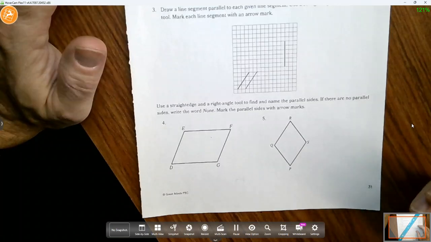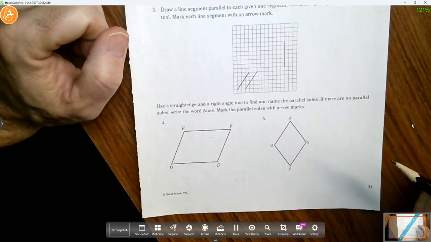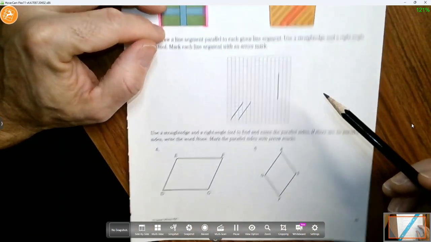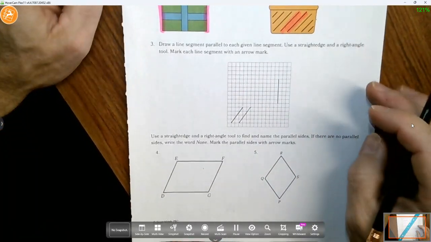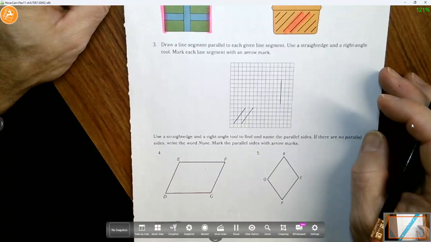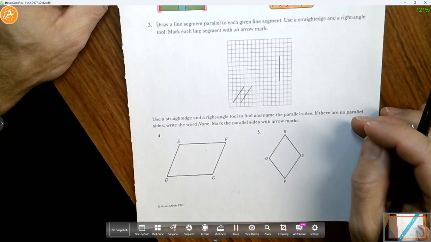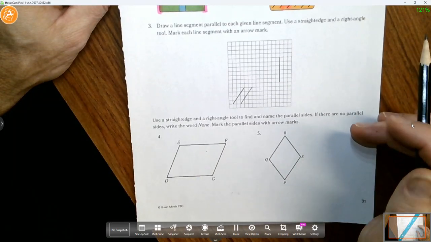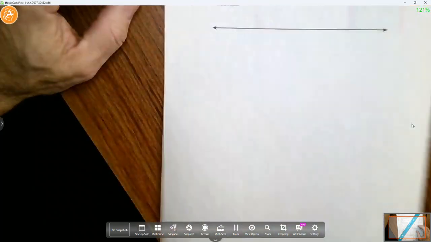The other one might have some parallel lines. It might not. So I'm going to leave that one to you to figure out on your own because we've gone over this. If you paid attention on your lesson in class today, if you're doing lesson 5, you should have done it in class today. So hopefully you paid attention so you know what we're supposed to be marking. You know how to make your little arrow marks, which I didn't make because I want to make sure you're paying attention. If not, go back to the last couple of pages that you should have brought home with lesson 5, and that will help you out.